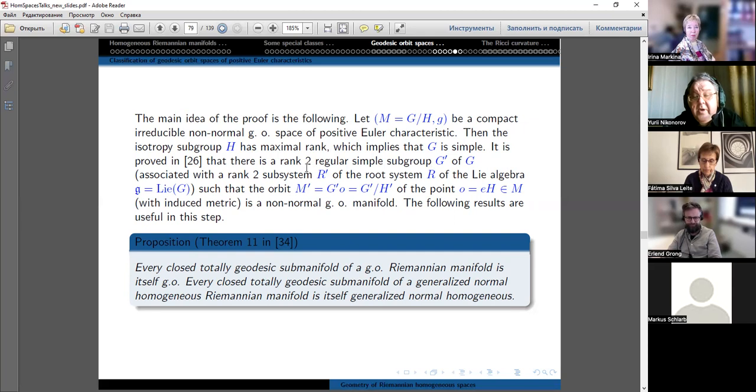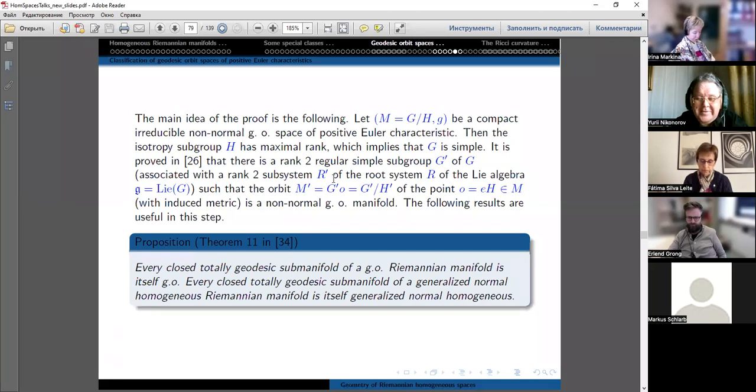And in fact, we can write down all such examples and check it by hand. This idea allows us to get complete classification, but it works only, I repeat, in the case when we have spaces of positive Euler characteristic.